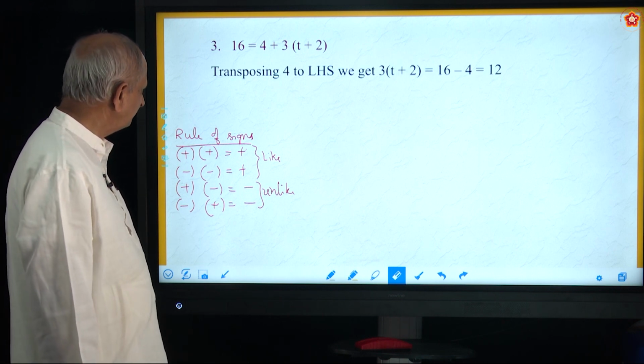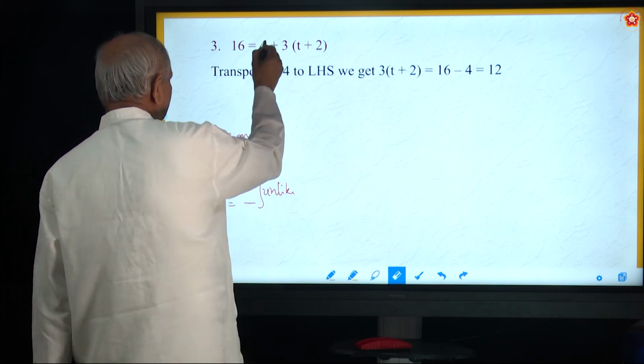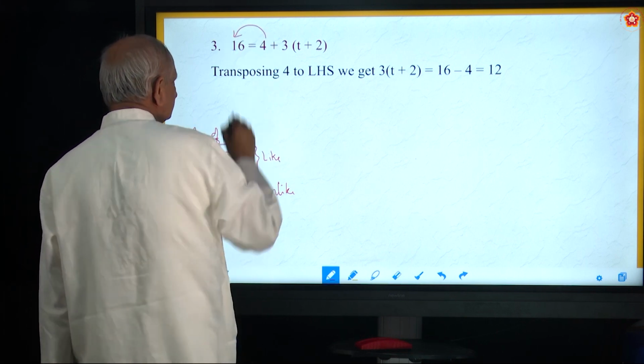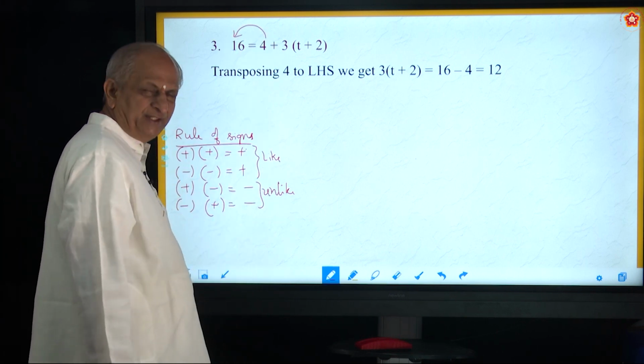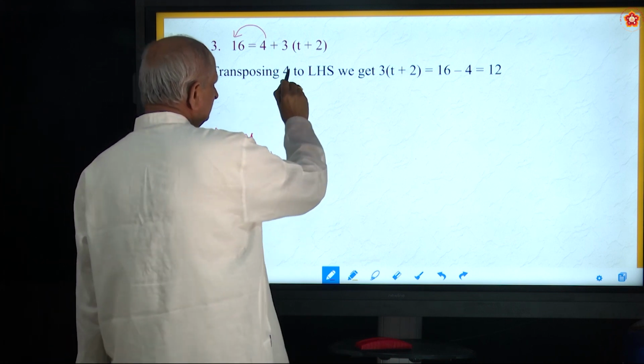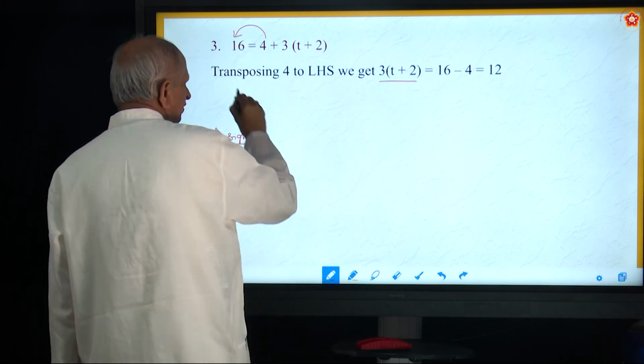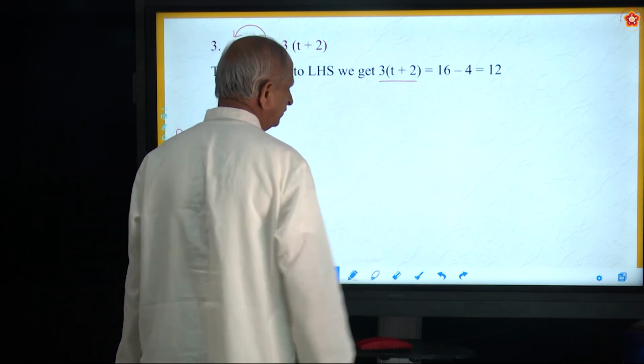So, what is the first step? Transposing plus 4 to left hand side. Why must you shift it? To get the value of t. So, you have 3 into t plus 2 is equal to 16 minus 4, that is 12.